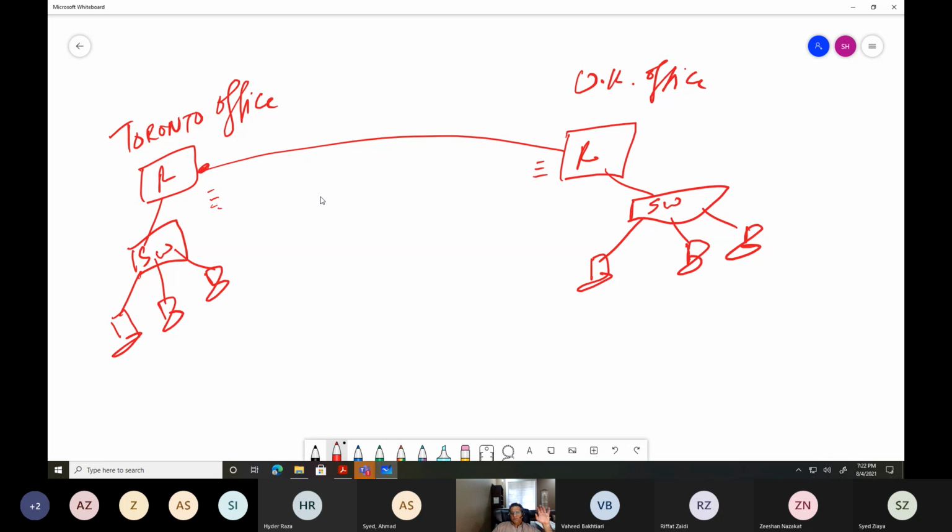The telco will give me one cable to connect to my router here, and one cable to connect to my router there. Now, what we learned earlier is public and private IPs, right? I talked about it when I was giving the lectures on IP addressing. Am I going through the internet, or can I have all private IPs over here?